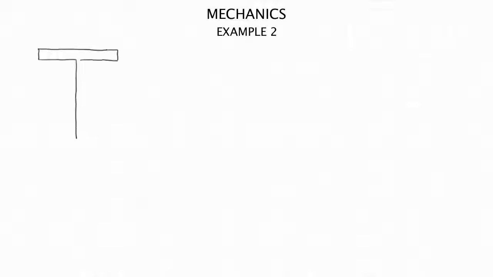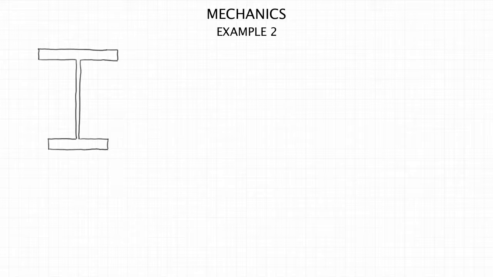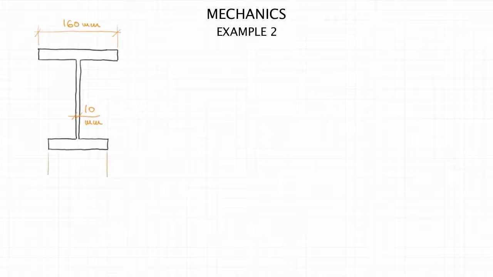So it's an I-beam because it resembles the capital letter I, and non-symmetric because, as you can see, the top horizontal element, which is called the top flange, is wider than the bottom flange, so 160 millimeters wide, and the bottom flange, you will see, is less, only 130 millimeters wide.